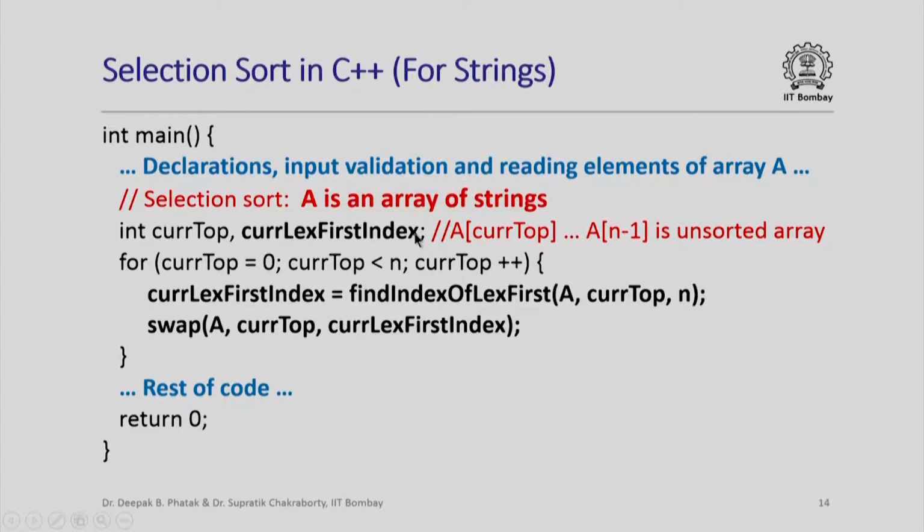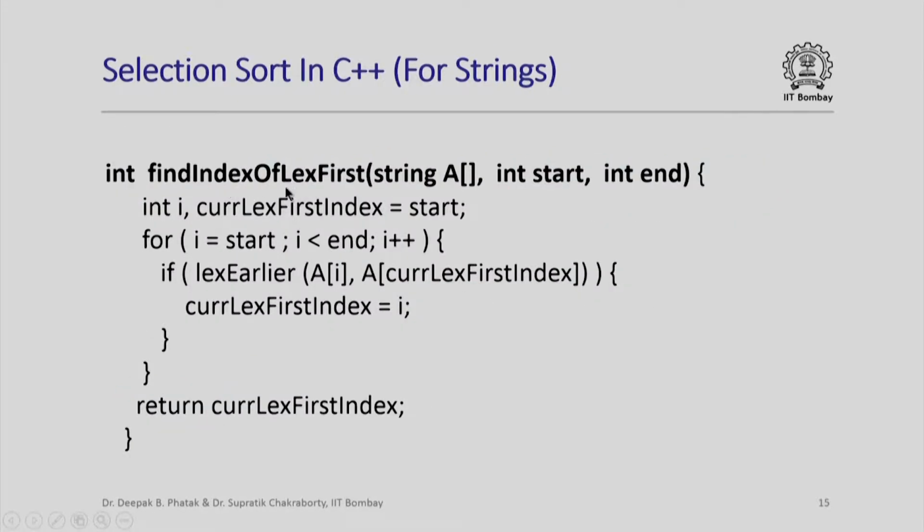Instead of having current max index earlier, I now have a variable which says current lexicographically first index, and instead of finding the index of the max element earlier, now I call this function which finds the index of the lexicographically first element in the current unsorted part of the array, which is from current top to n-1. And then how does find index of lex first look like? Well, it is pretty much the same that we had earlier for find index of max, except that we are now going to pass an array of strings as an input parameter.